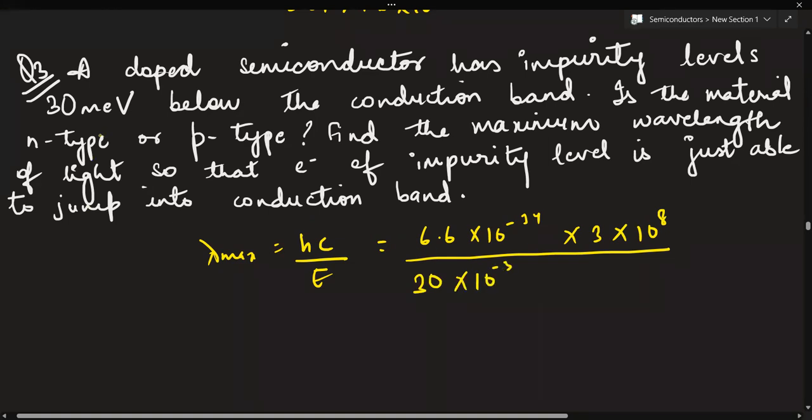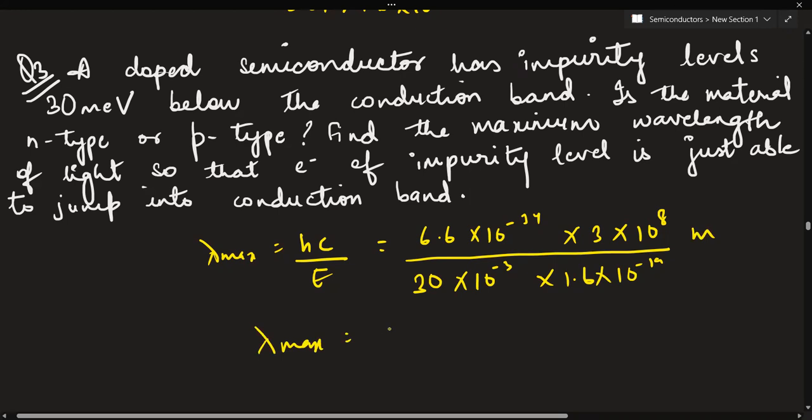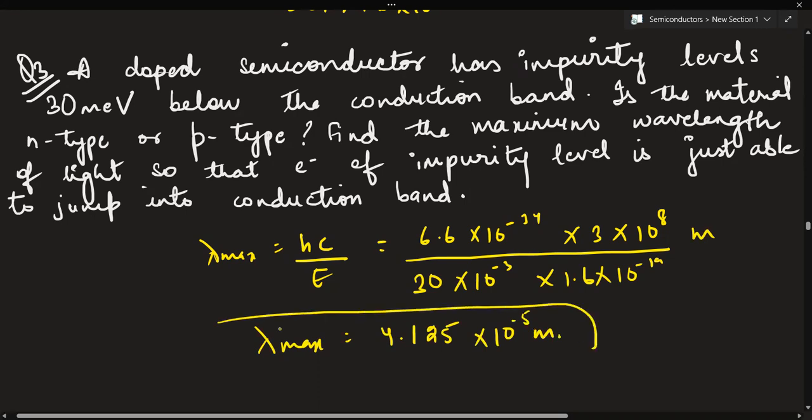Now electron volt also you need to convert, so this will be multiplied by 1.6 into 10 to the power minus 19. Now this unit is in terms of meter. So maximum wavelength will be somewhat 4.125 into 10 to the power minus 5 meters. Okay, in this way. Just note it down, please.